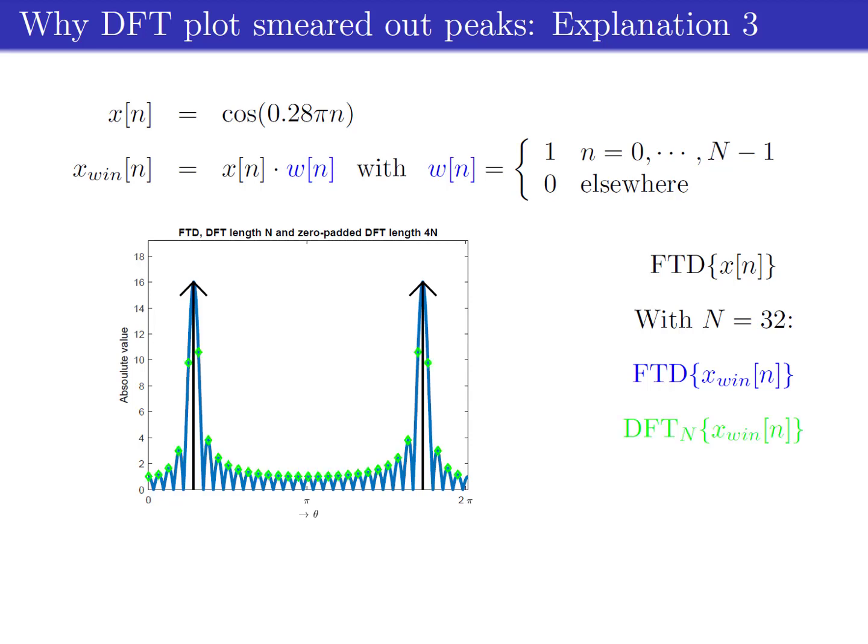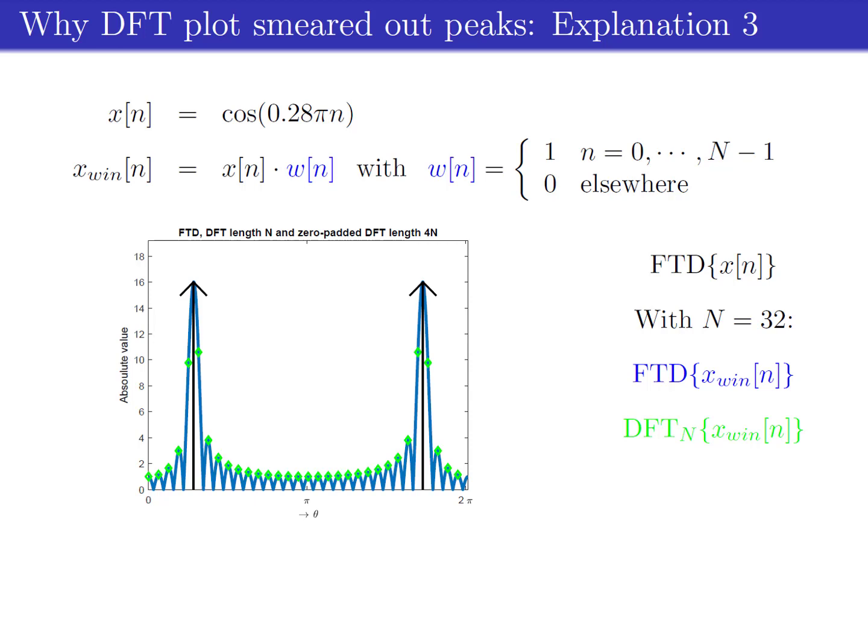When applying an N is 32 point DFT to this finite length signal x-win, the result is a sampled version of the DTFT of x-win, for which the inter-frequency sampling distance is equal to 2 pi divided by 32. This DFT result is depicted by the green spots.